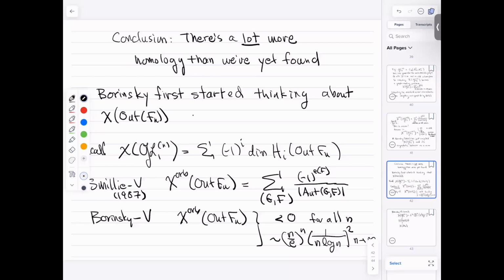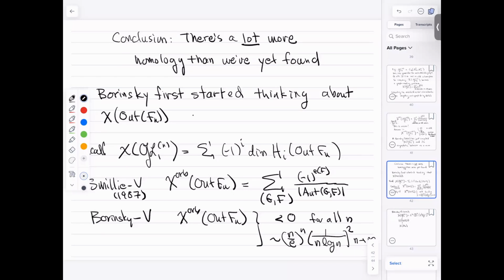You could feed it into a computer. We did it for n up to 10 and got some numbers out. Don Zagier got numbers out for n up to 100. All of the numbers were negative, and they seemed to be getting big pretty fast. That's what we knew. But we couldn't prove, for instance, that they're always negative, and we didn't know how fast they were going to get bigger.